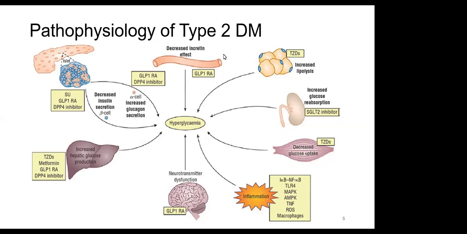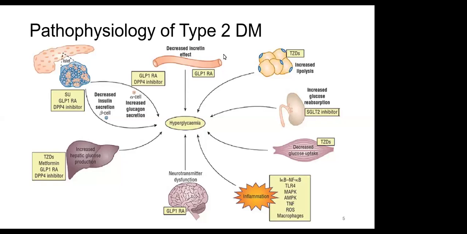Then we also have deficiency in incretin hormones. These are hormones that are usually produced in response to ingestion of a meal. What these hormones do is, first of all, they decrease glucagon secretion, which is a counter-regulatory hormone, and they also enhance uptake of insulin by the cells.